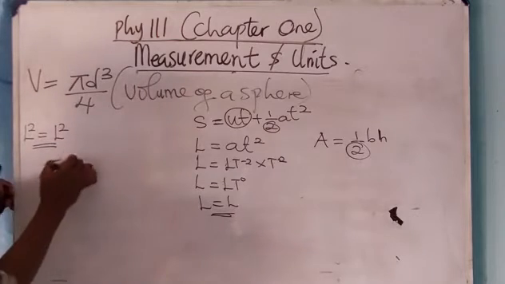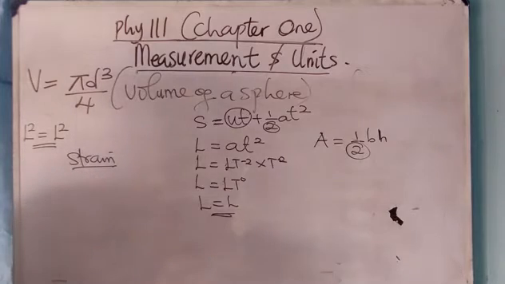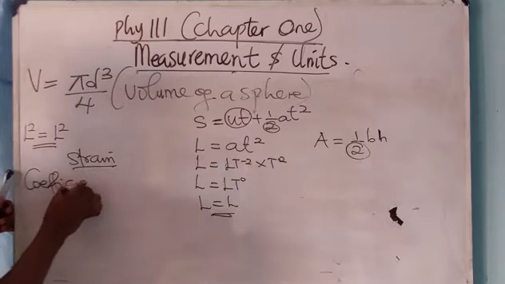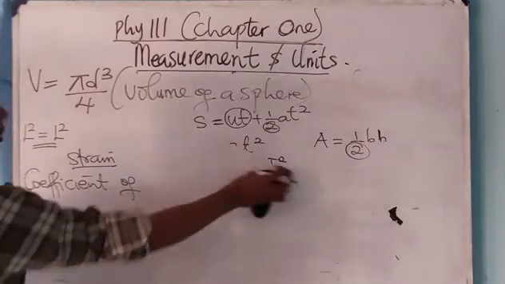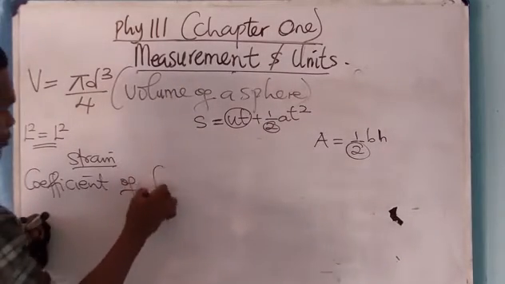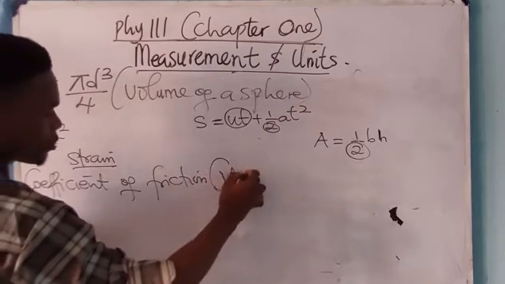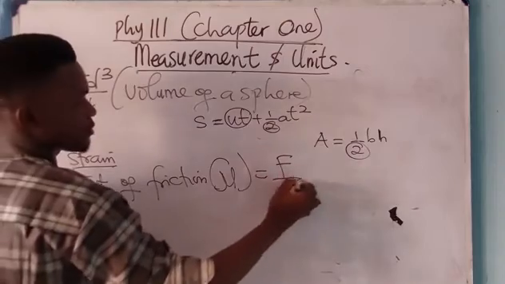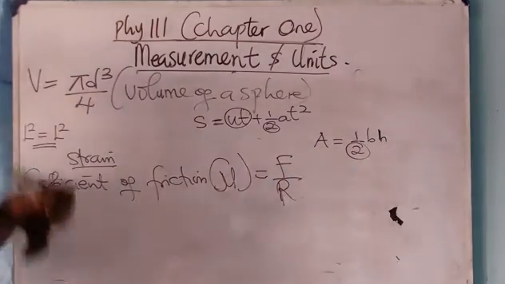Please, strain is dimensionless. And coefficient of friction, I don't know if I've deduced that before. Coefficient of friction is also dimensionless. How? You know, coefficient of friction is given as frictional force over normal force.